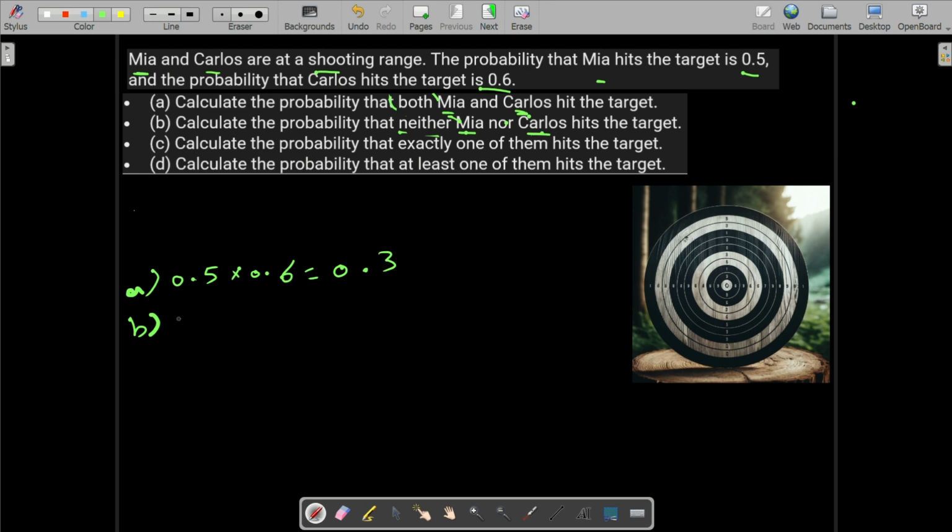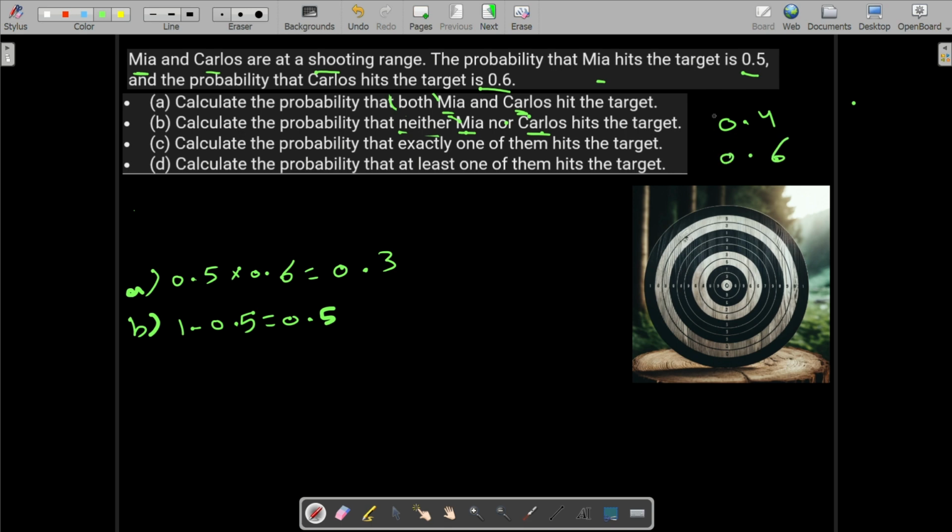What is the probability that Mia does not hit the target here? It's 1 minus 0.5. You have to know that if you need the probability of the opposite thing, for example, the probability of raining is 0.4, in this case the probability of not raining is going to be 0.6.